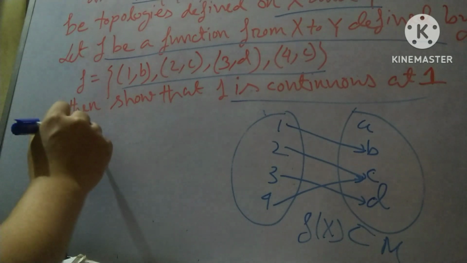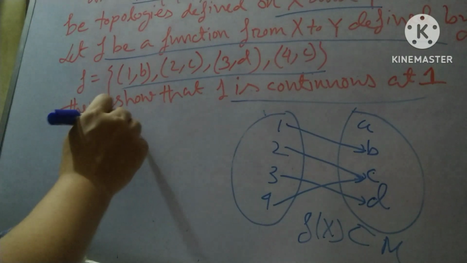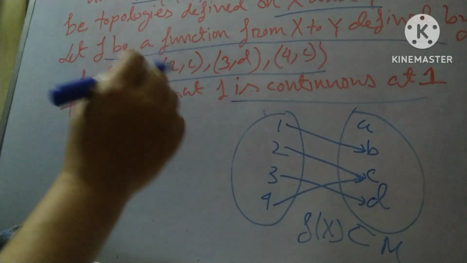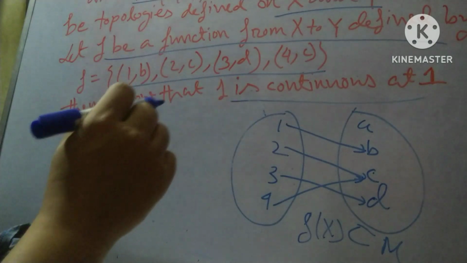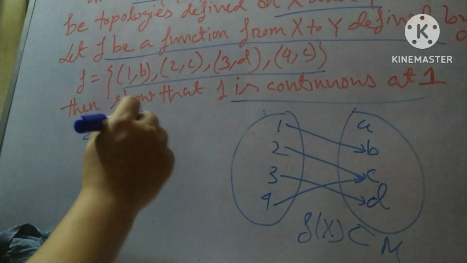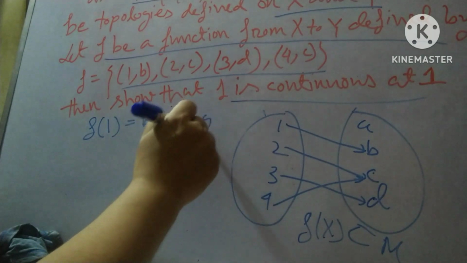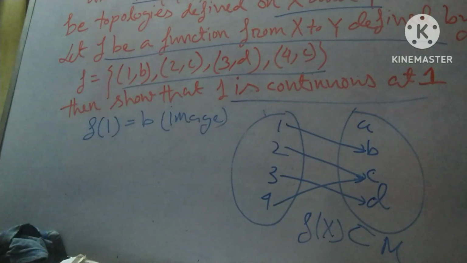So friends, f(1) equals b. I have to check this: 1 is the point, and I get only one image, f(1) equals b.